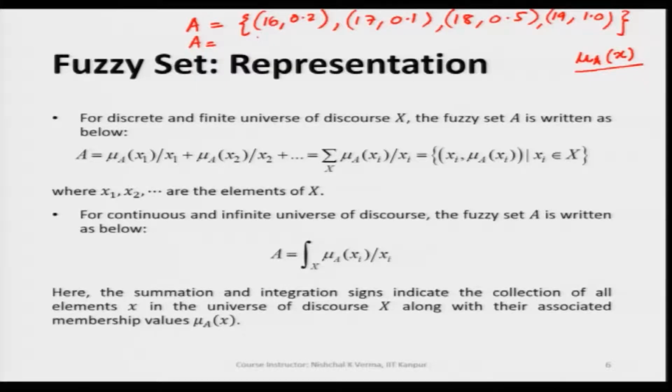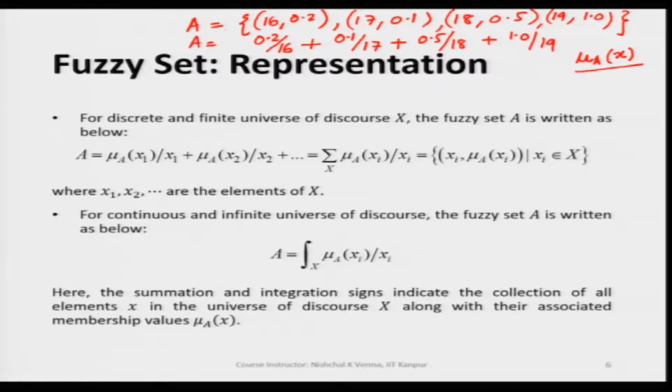You see, first the membership value and then the corresponding element, and then with a plus sign we add, but please understand that there will not be any addition of these values. So, 0.1 over 17, and then 0.5 over 18 plus 1 over 19.